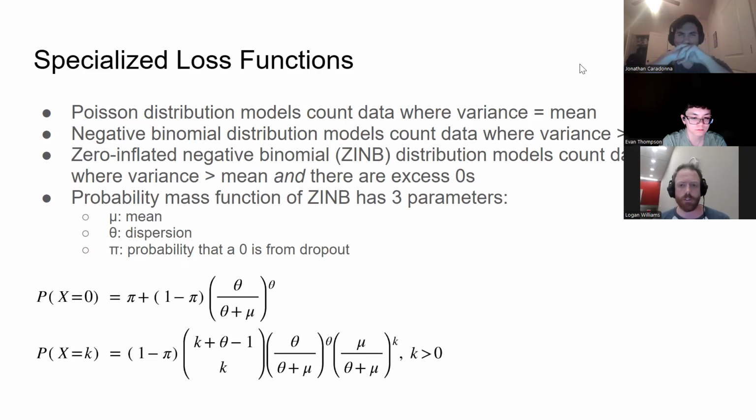The output of the decoder is now going to be the three parameters of the ZINB distribution, which are mean, dispersion, and the probability that if the output is a zero, it's from dropout or it's a real zero. Using those parameters, the loss function is now just the negative log likelihood of the ZINB distribution.